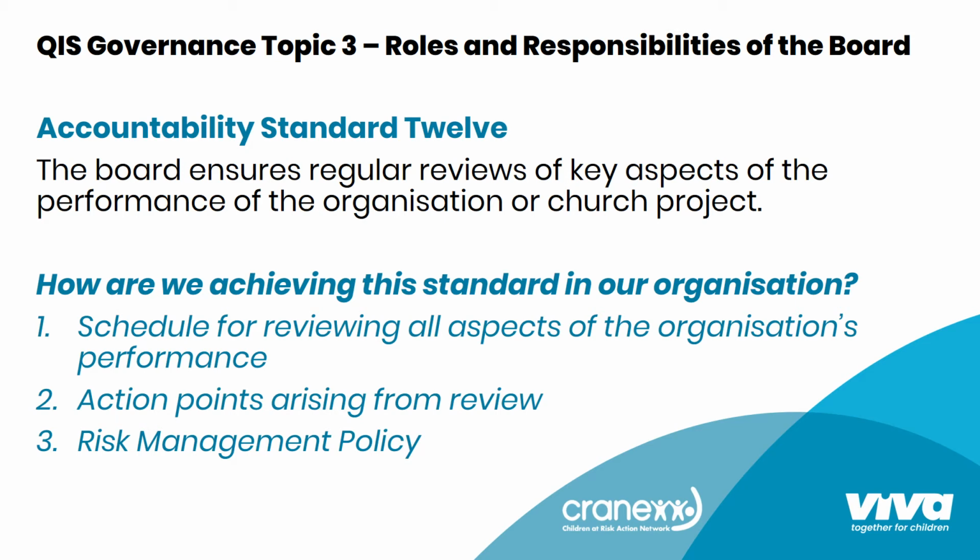Maybe there's an annual board agenda. Sometimes it's looking at the legal compliance, sometimes at the safeguarding, sometimes at the HR management, sometimes at the finance, etc. So it's not just about project performance. Then we would expect to see action points that come from that, and there would also be a risk management policy that the board reviews regularly.